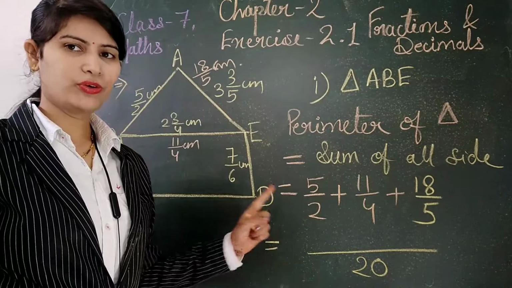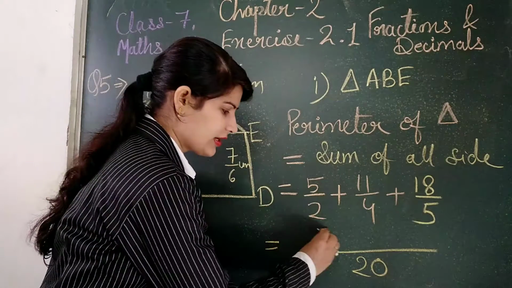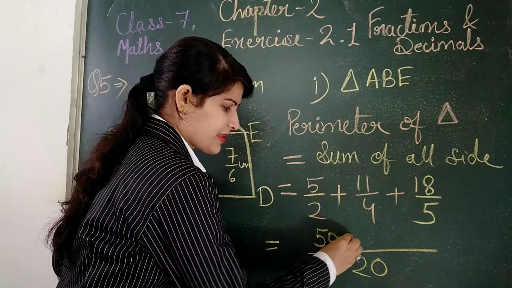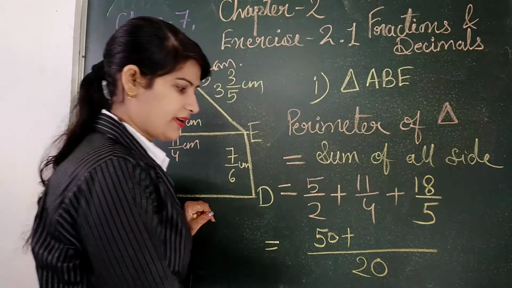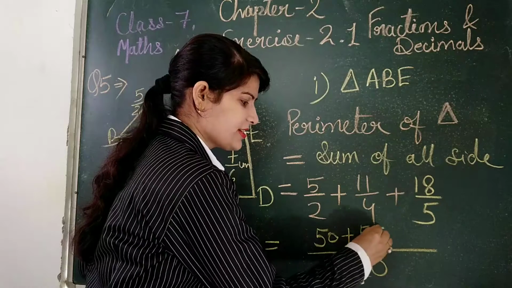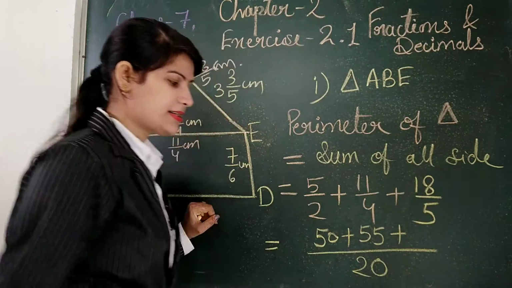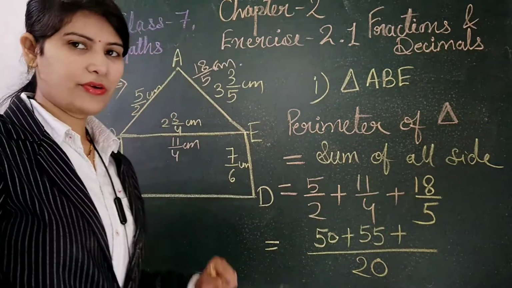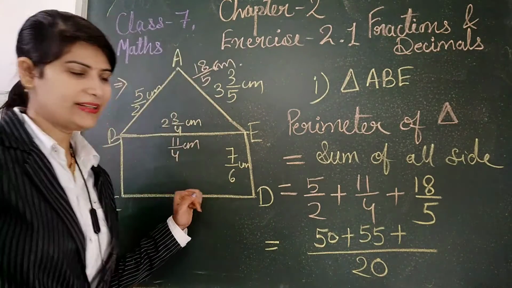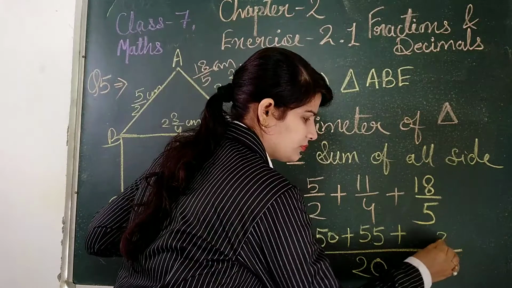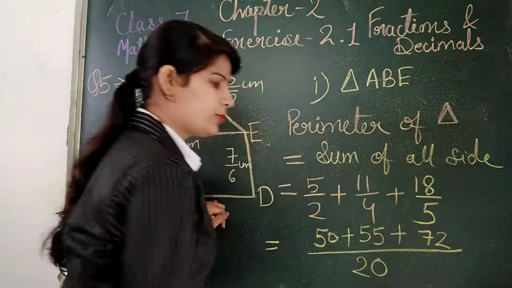Okay, now same concept. 20 divided by 2 you will get 10. 10 into 5 you will get 50, plus 20 divided by 4 you will get 5, and 5 into 11 is 55, plus 20 divided by 5 you will get 4, 4 into 18 you will get 72.